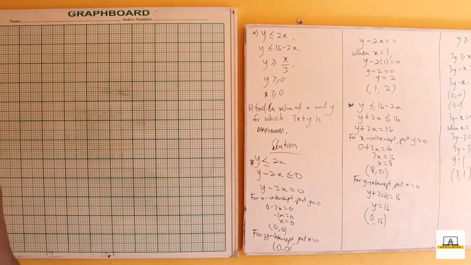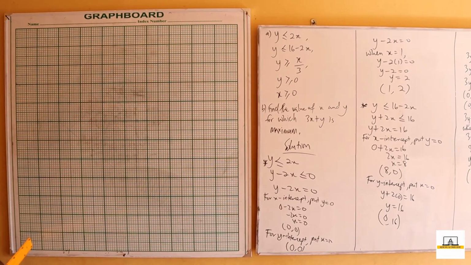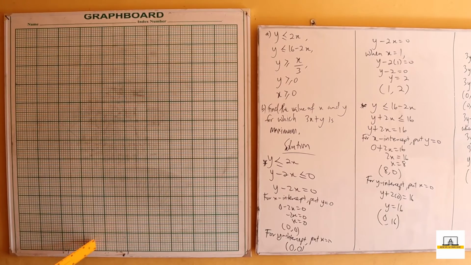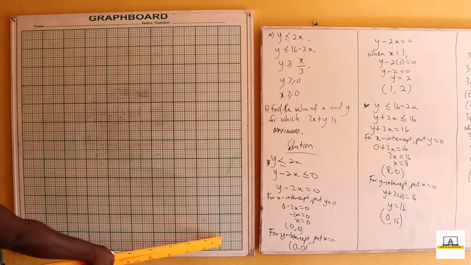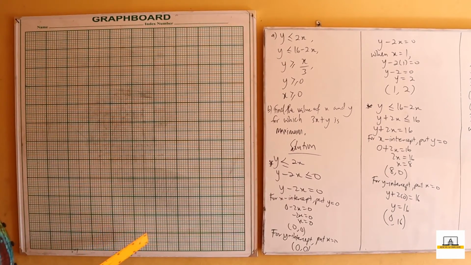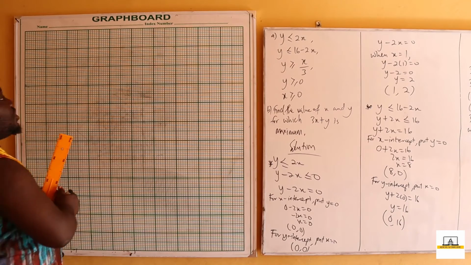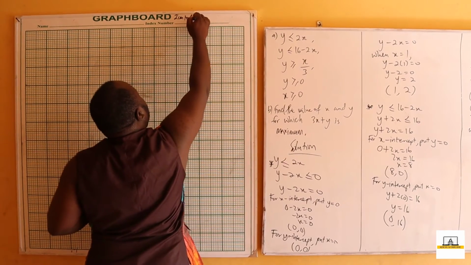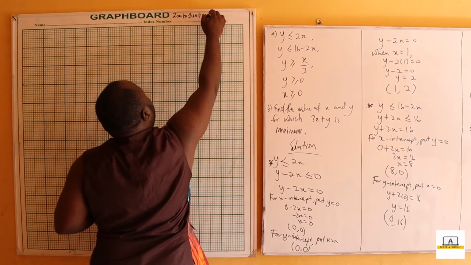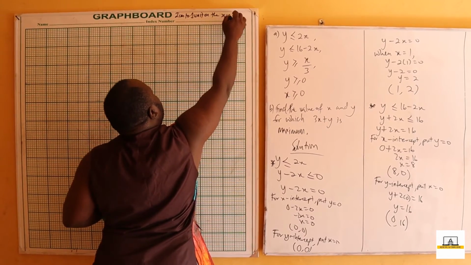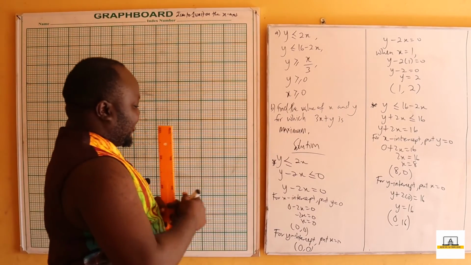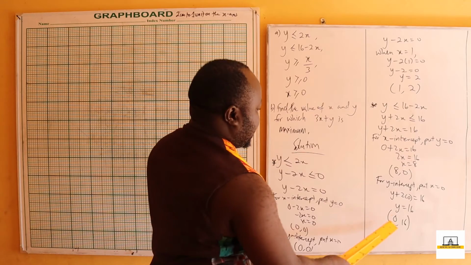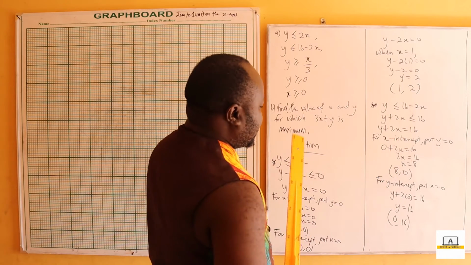So if I count 1, 2, 3, 4, 5, 6, 7, 8, 9, 10, I can make it 2 centimeters to 1 unit on the x-axis. I don't think I have any negative values of x. Let me see. There are no negative values, so we are good to go.